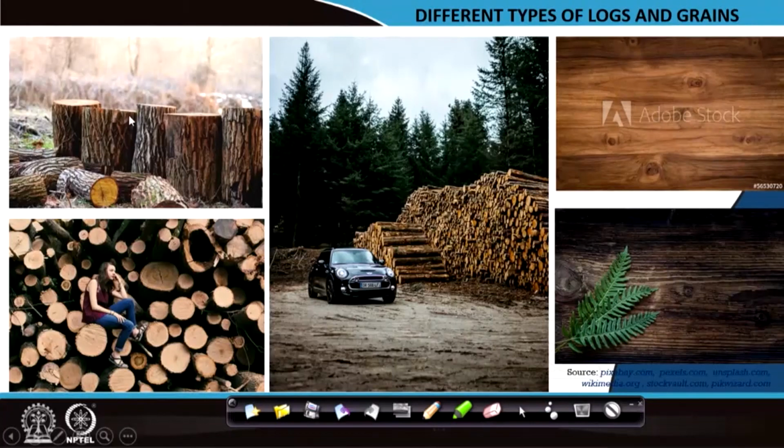You cannot carry huge logs, so they have been cut into a certain size and will be transported later on, as you can see in this picture. Here are some logs where you can see a human figure, from which you can understand the size of each.